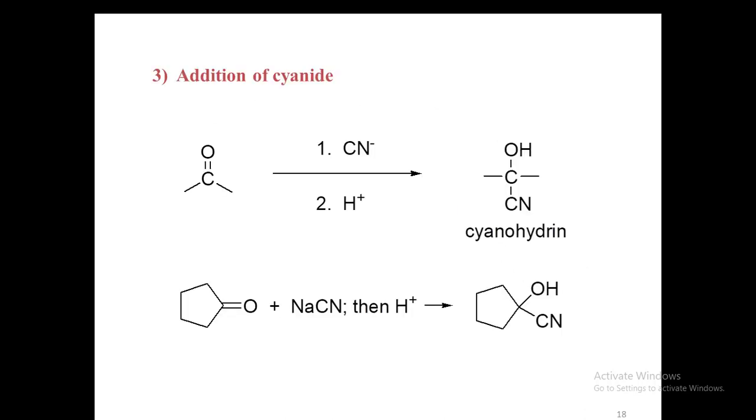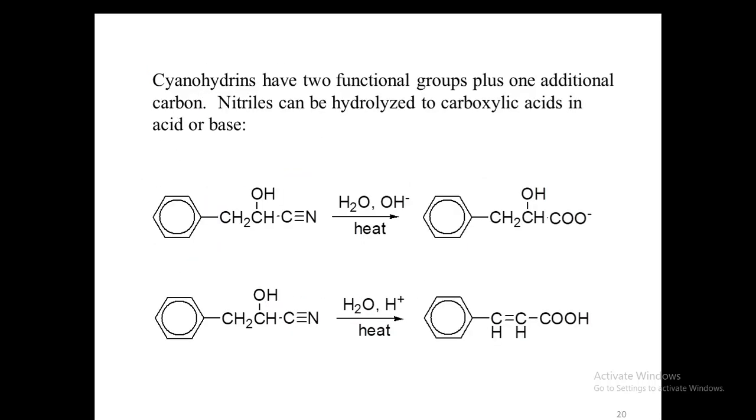Next reaction is addition of cyanide. This is how cyanohydrin is formed. Now this cyanohydrin further undergoes various types of reactions and we can get various products. This is our cyanohydrin. Cyanohydrin has two functional groups plus one additional carbon.